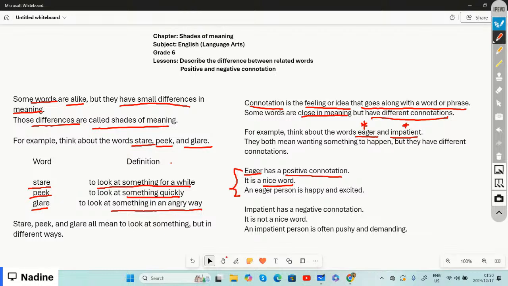Because if you know you're going to get something for Christmas, it's like, yo, I'm so eager, I can't wait. An eager person is a happy and excited person. Oh, one more day, like 5 more days before Christmas, 4 more days before Christmas. You are even counting the days before Christmas, but you are happy and excited and you are patiently waiting.